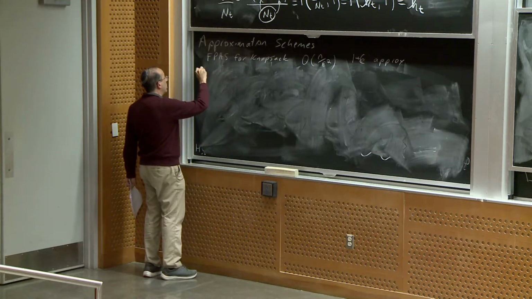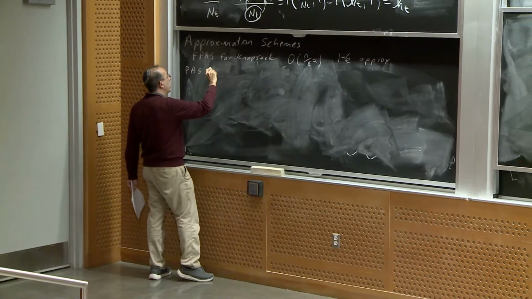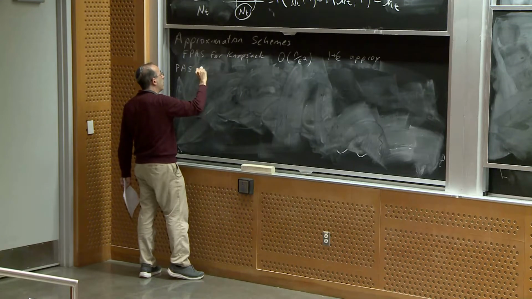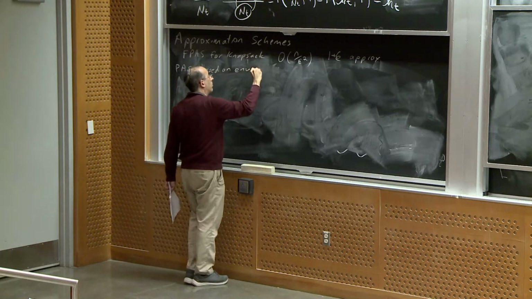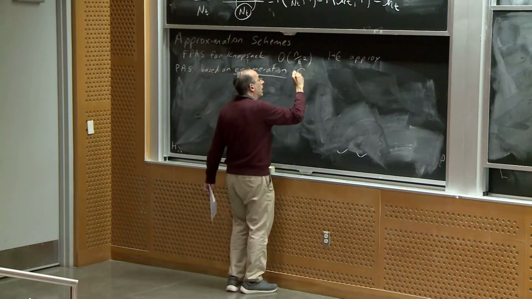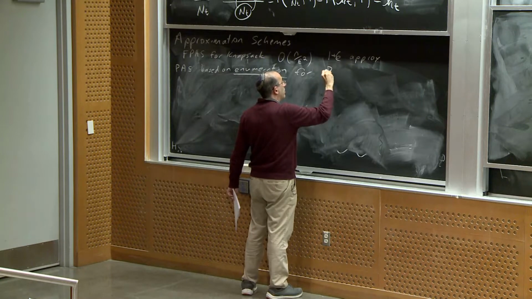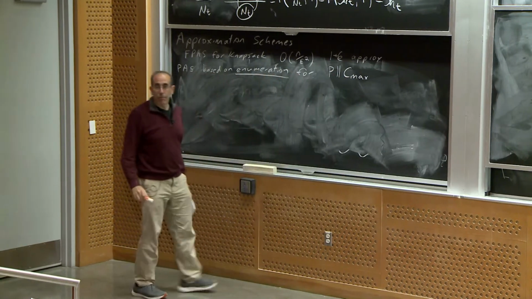We are now going to look at a polynomial approximation scheme, using a different technique called enumeration. And this is going to be for our old load balancing problem.